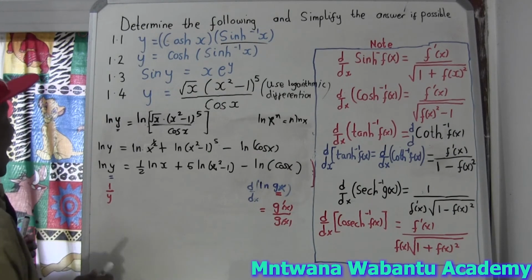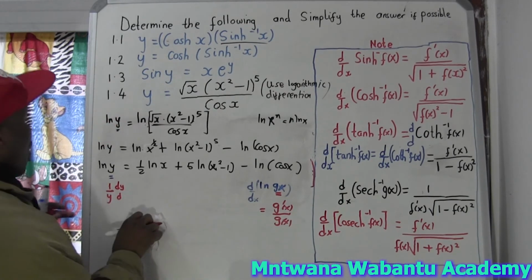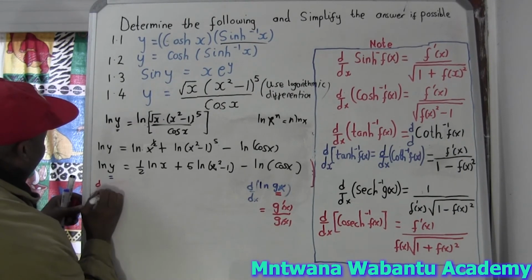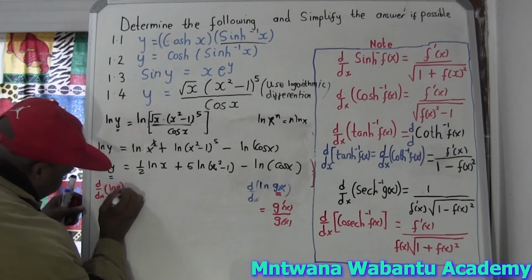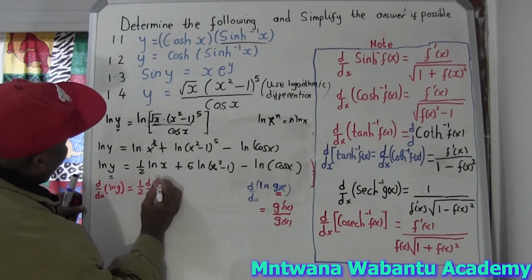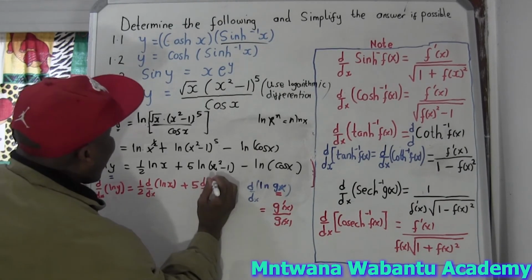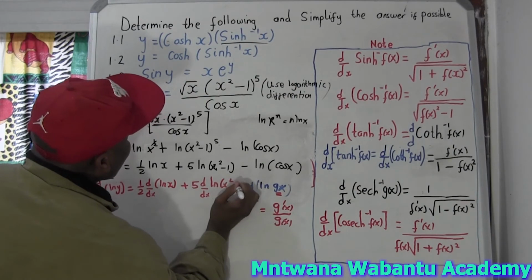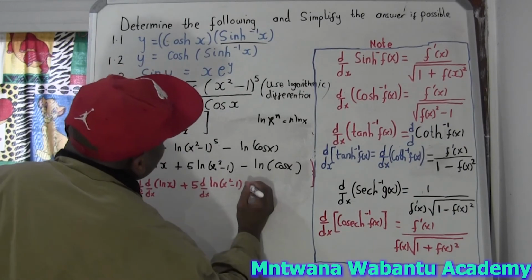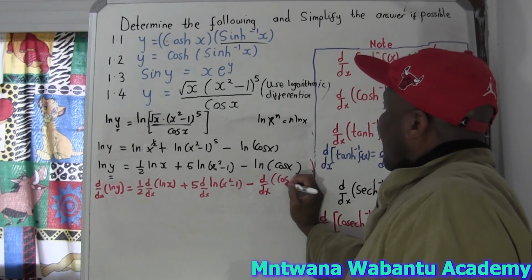So I'm going to say dy, or if you don't want to do that, you can just say d dx of ln of y equal, a half is just a constant number, d dx of ln of x, plus 5 d dx of ln of (x squared minus 1), minus d dx of ln of cos of x. My apologies.